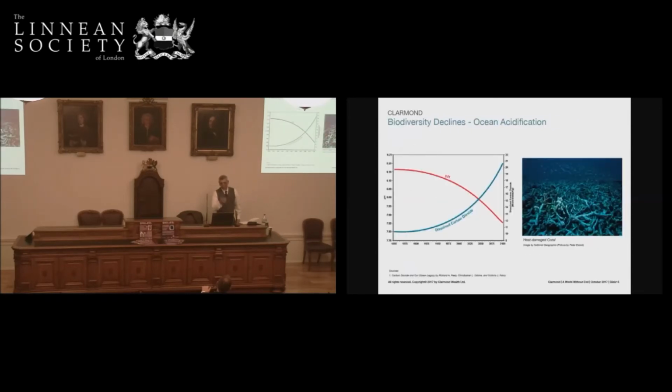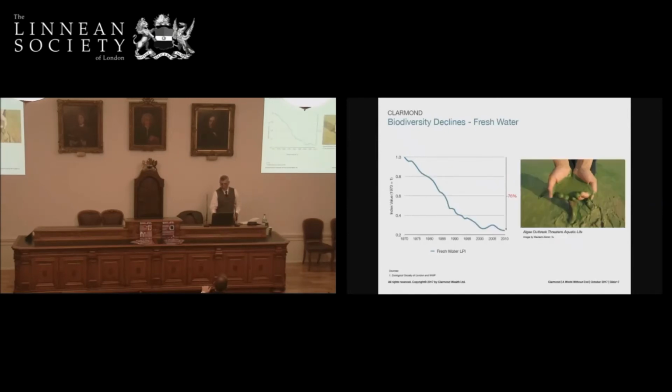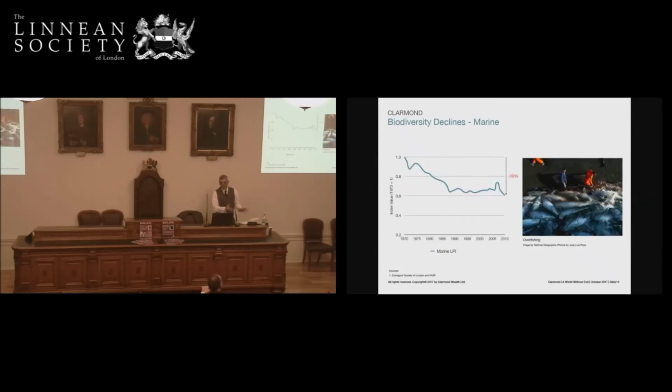It ends up in ocean acidification, it ends up in terrestrial declines, forests, it ends up in your fresh water. These are all subcategories of the Living Planet Index, and it ends up in your marine life. Essentially, you're losing half your value over this time as you consume more based on credit.